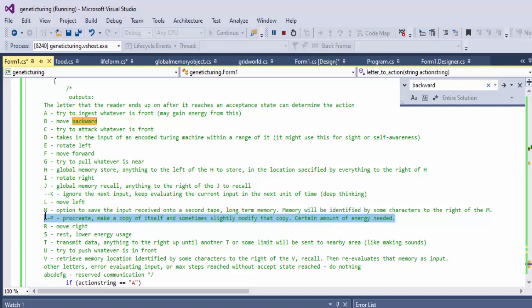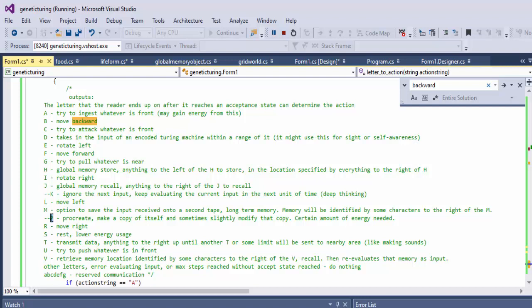At first I was going to just give them the choice, procreate whenever you feel it's appropriate, because I thought that would naturally be used. If they don't procreate, then anything that doesn't procreate just dies. So anything that persists is going to be stuff that chooses to use the P command.